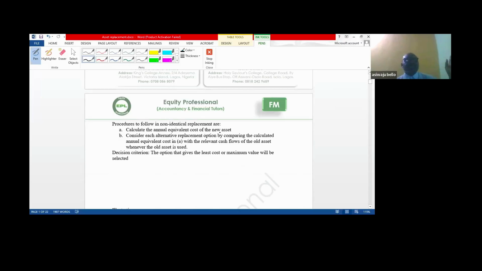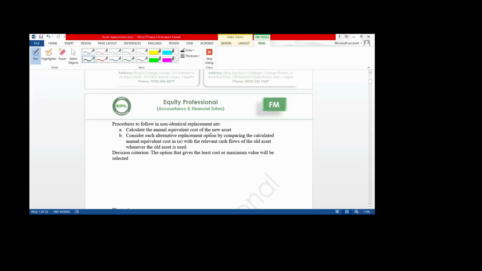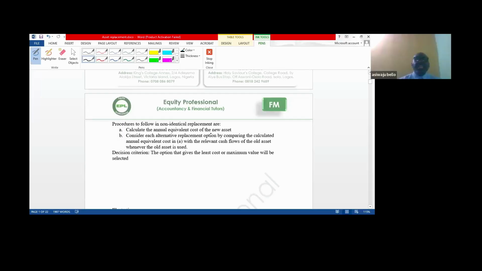We have done that. B, consider each alternative replacement option by comparing the calculated annual equivalent cost with the relevant cash flow of the old asset, whenever the old asset is used. That is step 2. We are dealing with step 2 now.